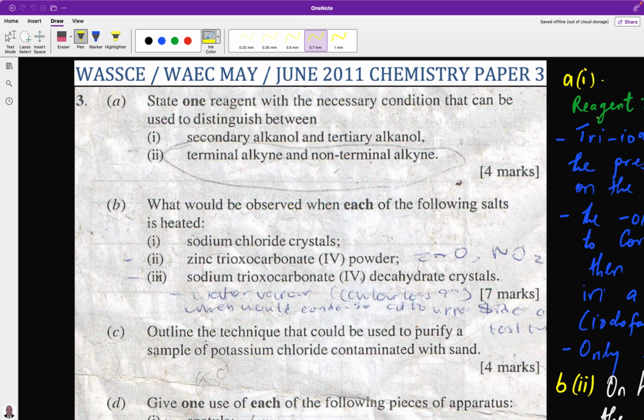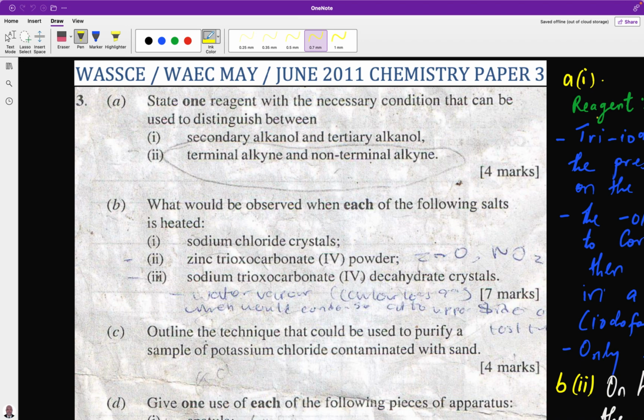Again, state one reagent with necessary condition that can be used to distinguish between terminal alkyne and non-terminal alkyne. Each of them 2 marks, making a total of 4 marks.